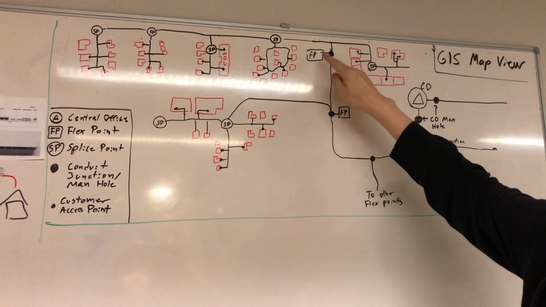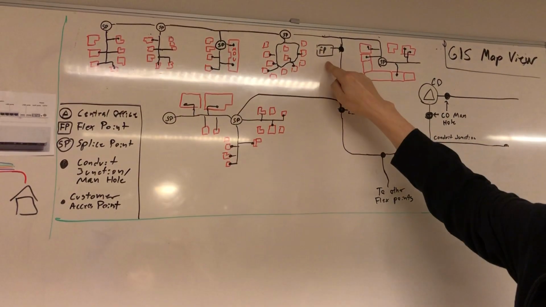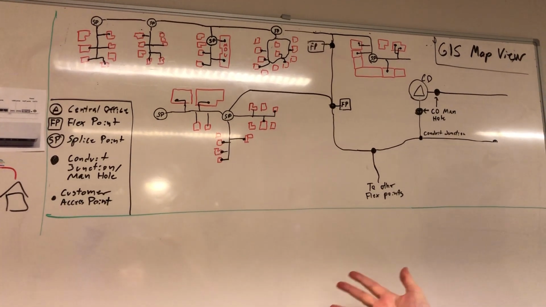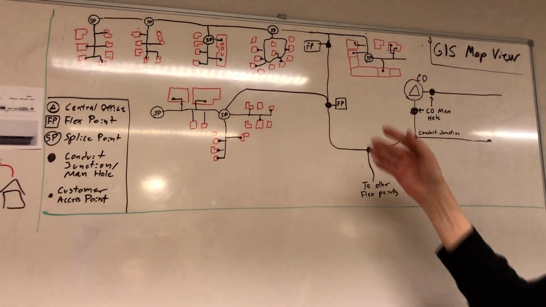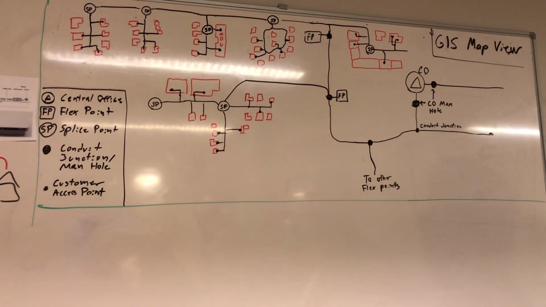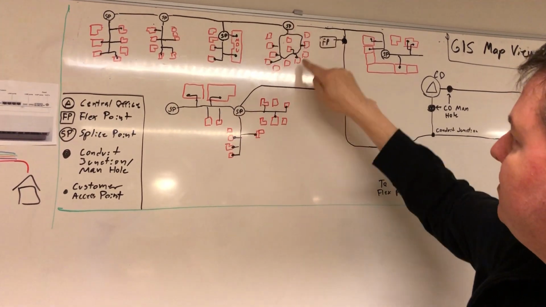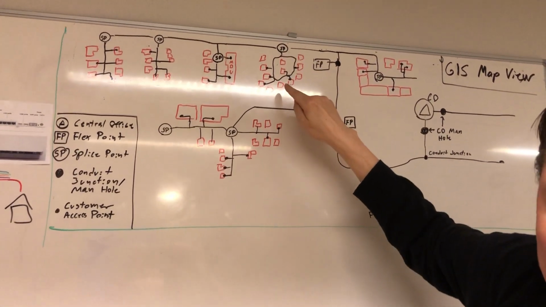So this flex point here covers all these splice points. One central office can maybe be connected to 50 flex points, and a flex point can maybe be connected to, I don't know, 10, 20 more splice points. And each splice point is connected to some streets with the customers.